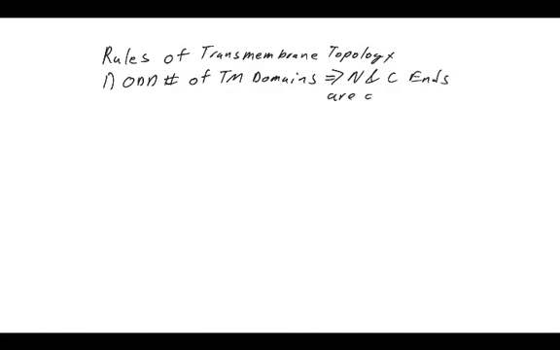So the first thing, and this is really useful, is if you have an odd number of transmembrane, and I'm abbreviating that TM, transmembrane domains, then the amino and carboxy terminus, the ends of the protein, are on opposite sides of the membrane.